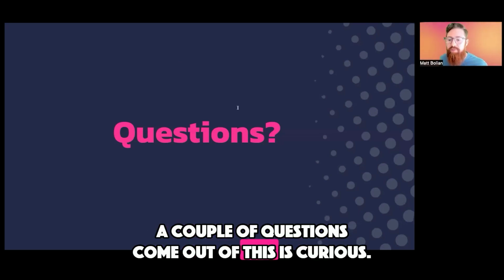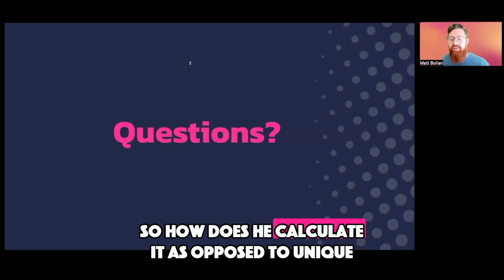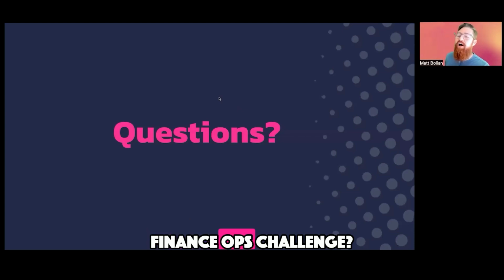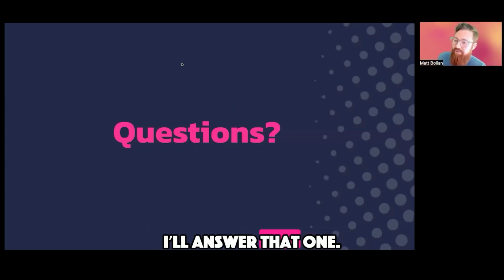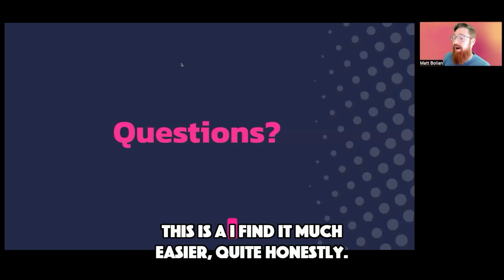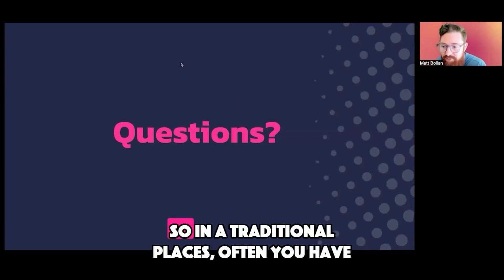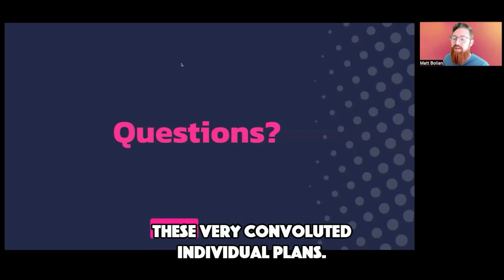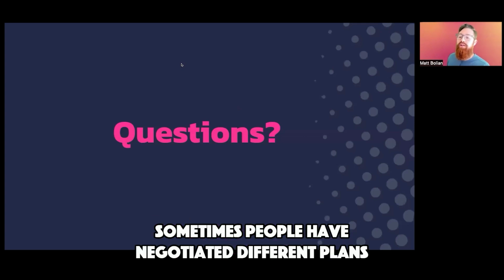A couple of questions come out of this. How do you calculate it, as opposed to a unique finance ops challenge? I'll answer that one. I find it much easier, quite honestly. In traditional places, often you have these very convoluted individual plans. Sometimes people have negotiated different plans within.